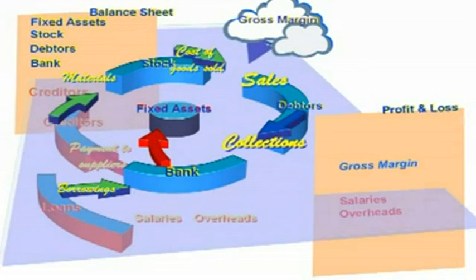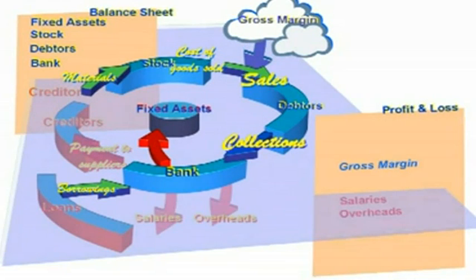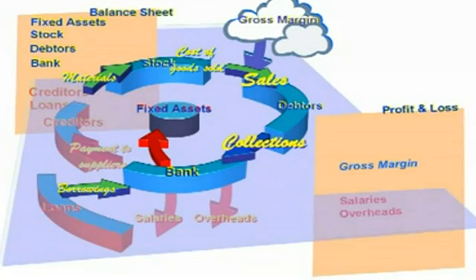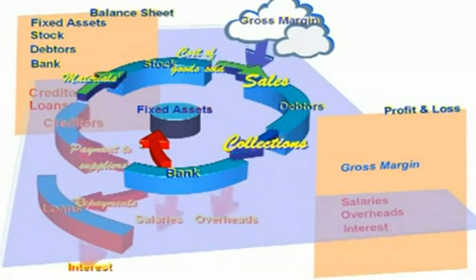This impacts the balance sheet with an increase in the bank balance by the amount of the borrowing that is countered with an increase in the liability by the value of the loan. And of course, into the future, the loan will be a source of a drain on the finance of the business as the loan is repaid over time and as interest on the loan is settled. So we have a picture of the finance flows in a business, showing how assets and borrowing through loan or creditors come together to generate value.